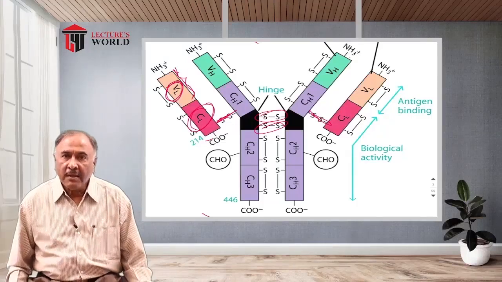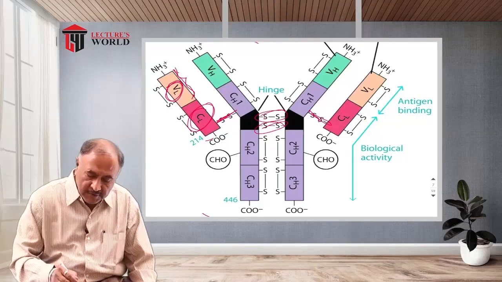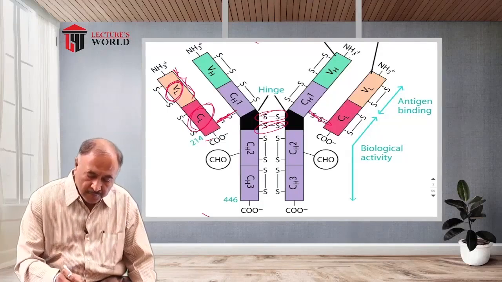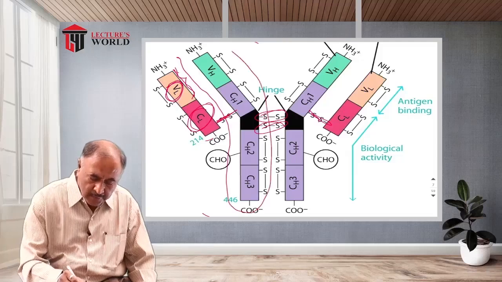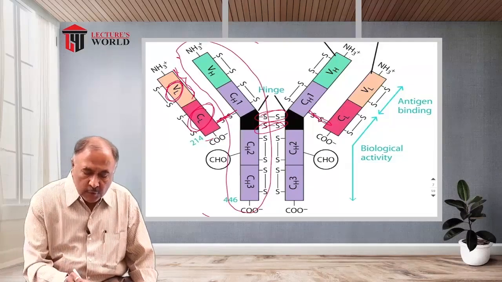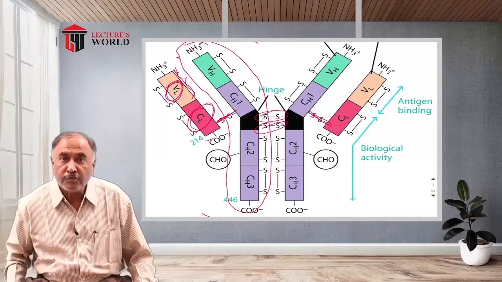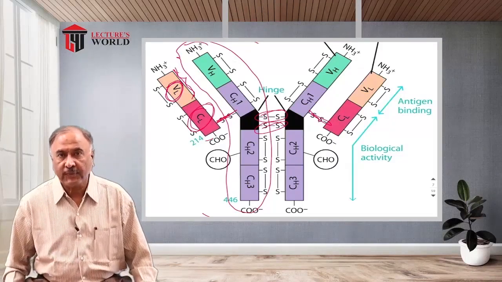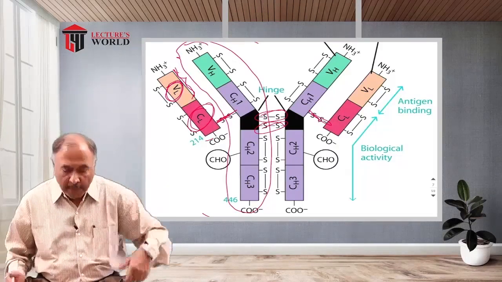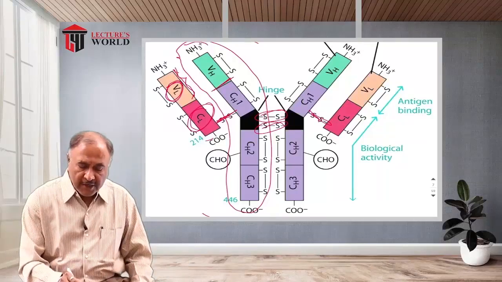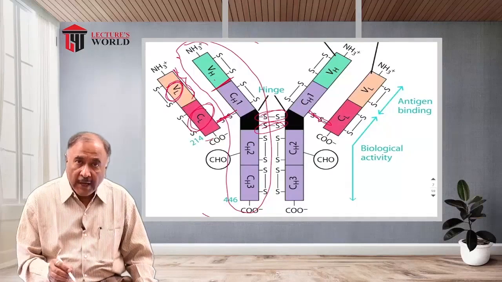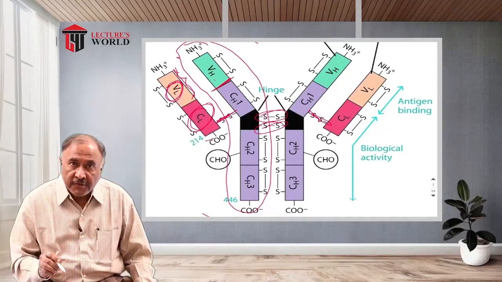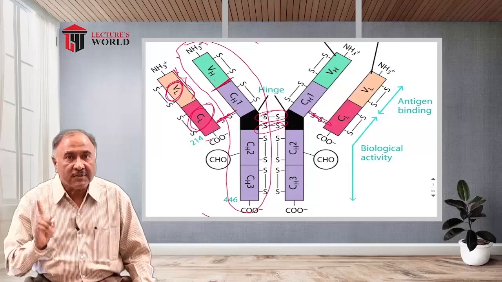Similarly, in a heavy chain, this one which is a heavy chain, this as a whole is also divided into 4 sections. The one at the top is known as variable heavy chain, followed by 3 sections which will be constant.